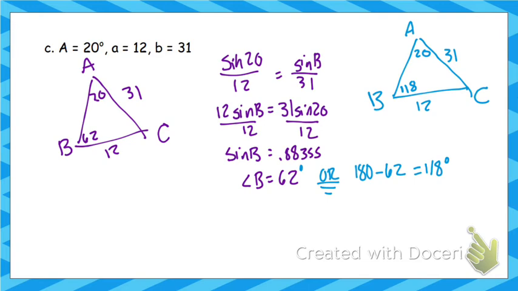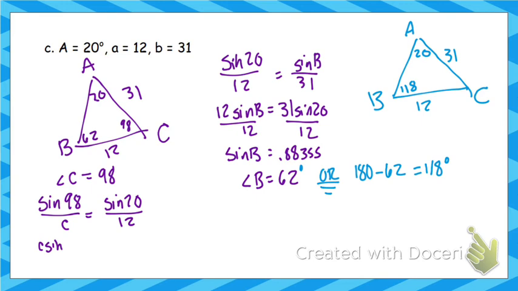Let's find angle C. Well, angle C, I'll do 180 minus 20 minus 62 to get 98. And now we can find side C by using the law of sines. So sine 98 over C equals sine 62 over, actually let me use the original so it's not rounded. I'll do sine 20. It's okay if you did 62, I just think it'll be a little bit more exact if you use the original.